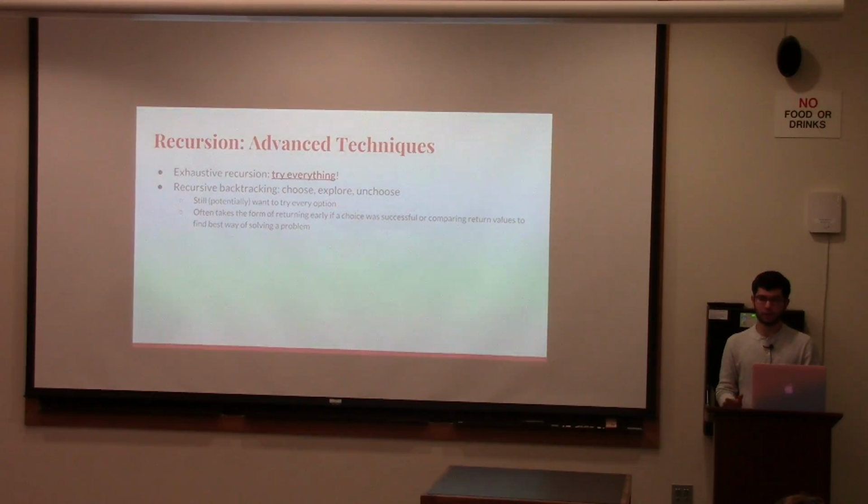And then once that all returns, meaning you've gotten the result you want given that choice, then you get that back in the recursive caller function, and then maybe you just return immediately, maybe you keep it around to compare to other things, and then you unchoose, which could mean removing something from a data structure if you're adding moves into a vector of moves that you've made, or perhaps adding something back in to a vector if you were removing it as the choosing.